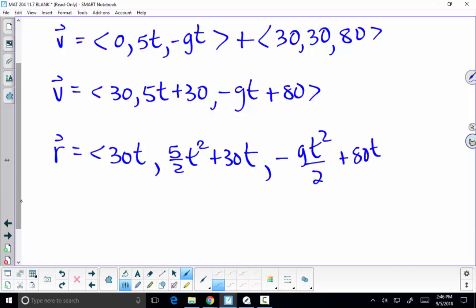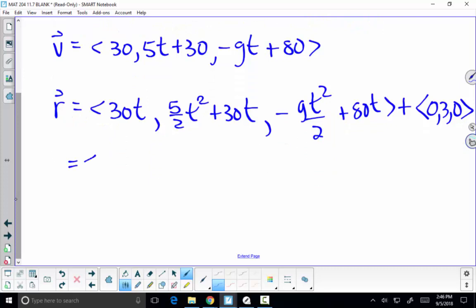And then what's our initial position? 0, 0, 3. And then we combine those and plug in our 32.